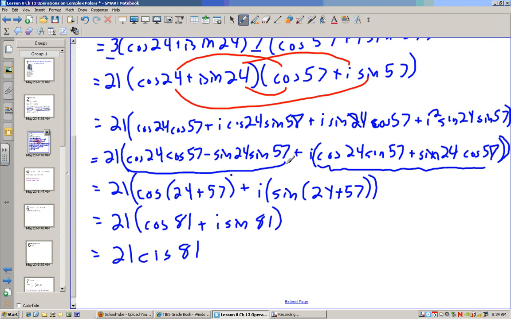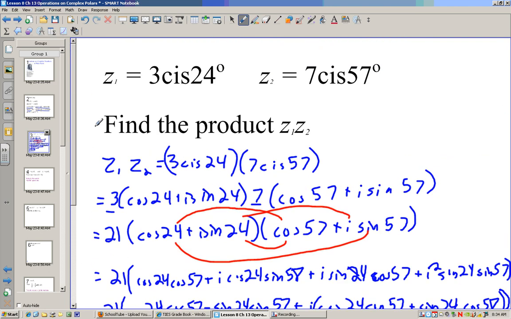So let's look back at the original problem and see how we can get 21 CIS 81. How can this be 21 CIS 81? Well, we can get the 21 by just multiplying the 3 and the 7. We can get the 81 by just adding 24 plus 57.